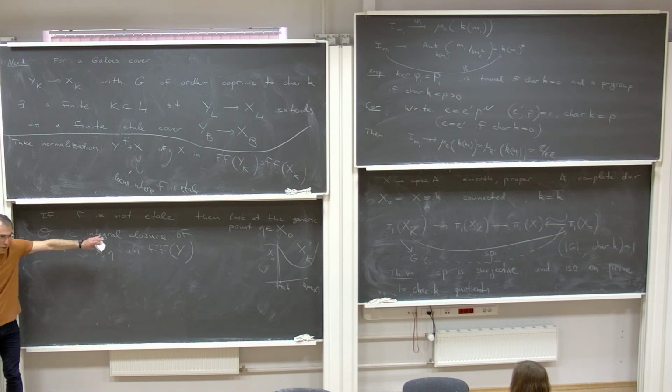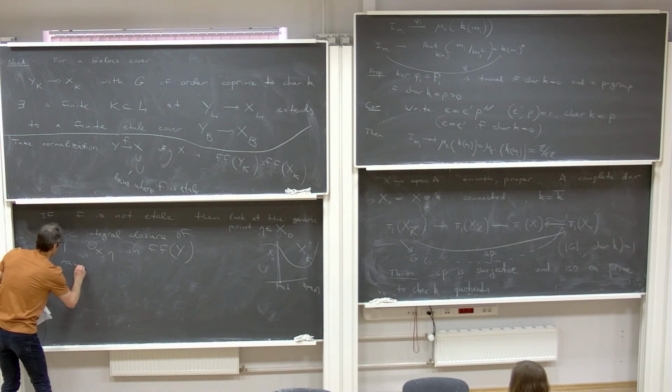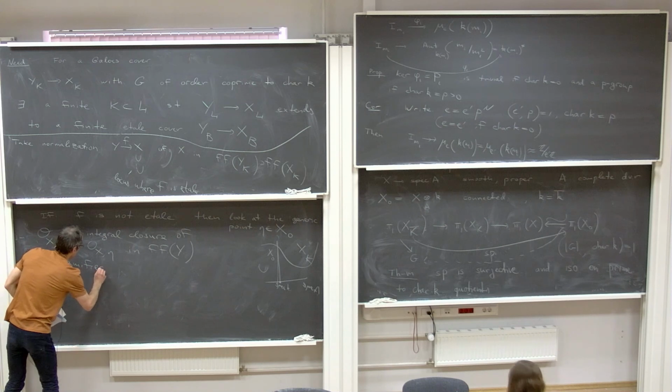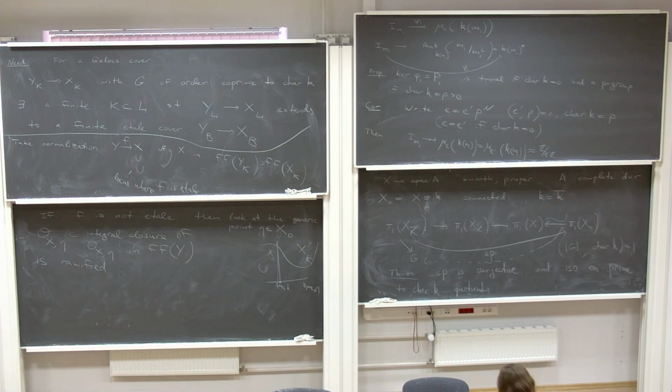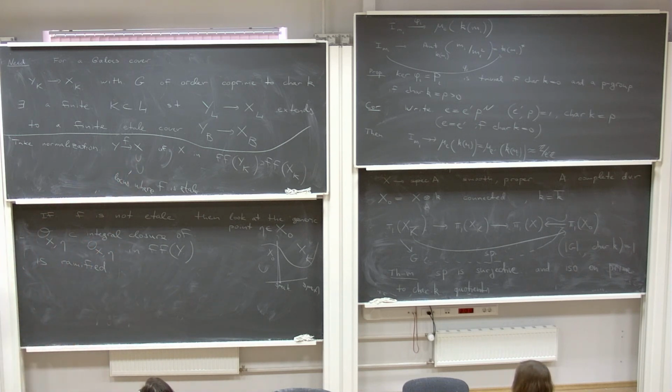And if I know that this is unramified, then we win. Is it ramified? In order to check that this is unramified, it suffices to check that the extension of the residue field is separable. And we will control it using the fact that G has order relatively prime to p. And then we have to prove that the ramification index is equal to 1.